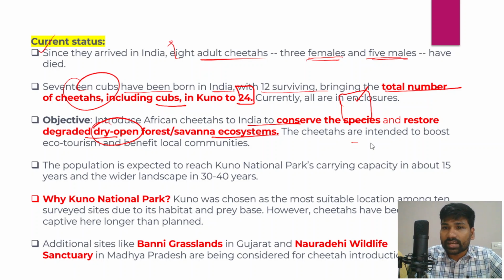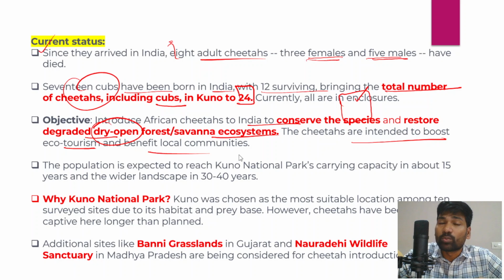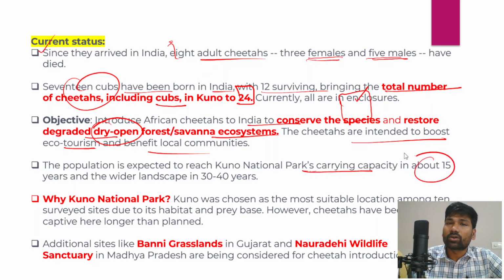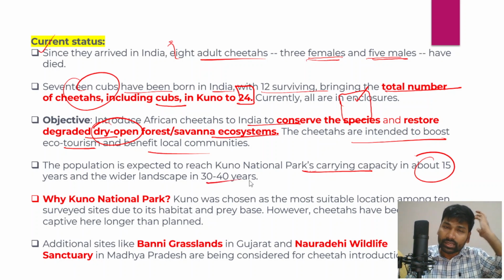These cheetahs are intended to boost ecotourism, and they are also expected to benefit the local communities. In fact, the cheetah population is expected to reach Kuno Palpur's carrying capacity within about 15 years, and the wider landscape within 30 to 40 years after the introduction of this program.